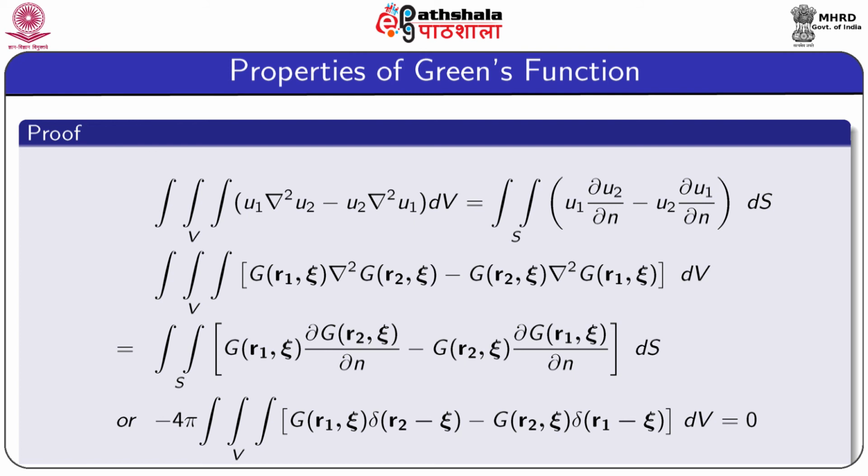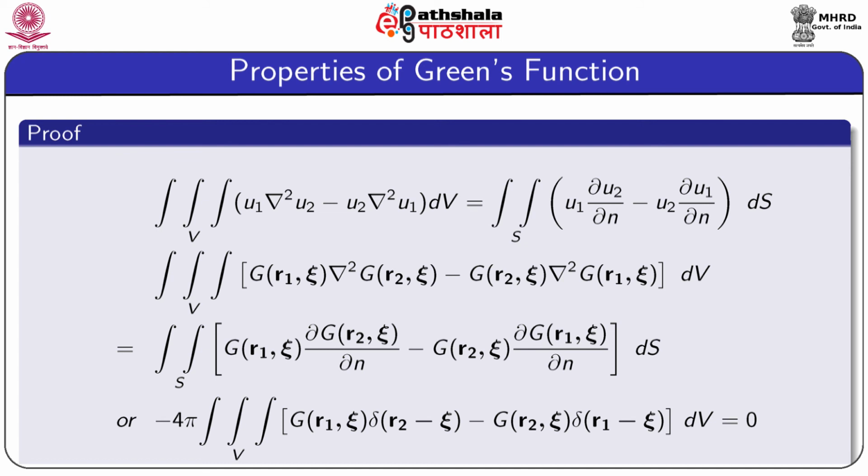So, here we substituted the value of Laplacian squared G as delta r2 minus xi. So, this equals the integral of G r1 xi delta r2 minus xi minus G r2 xi delta r1 minus xi dV equals 0.